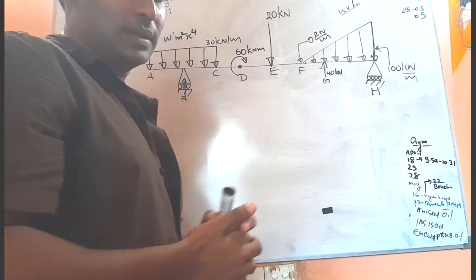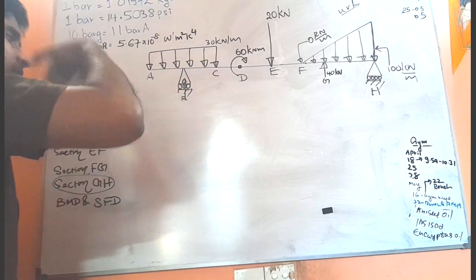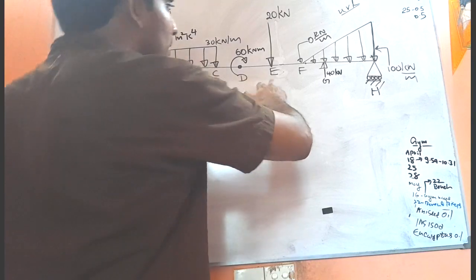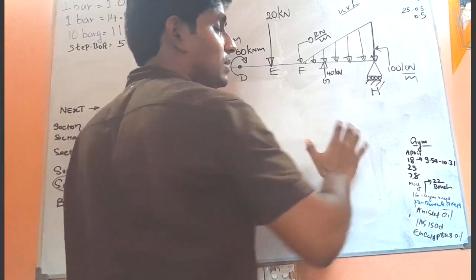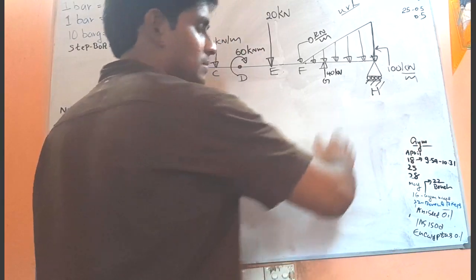We have already evaluated AB and BC, and we have to evaluate sections CD, DE, EF, FG and GH. Now I will consider the hardest section, GH, right?